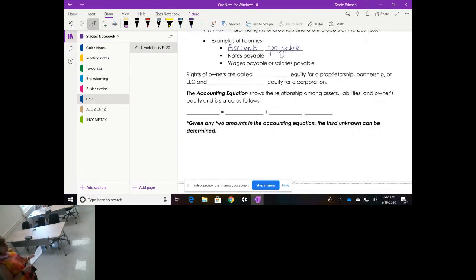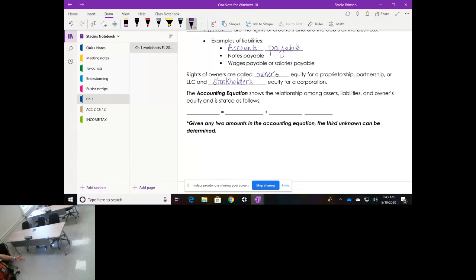All right. Rights of owners, it's owner's equity. And that doesn't really tell you a whole lot about what it is. If you have a corporation, it's going to be called stockholders' equity. But essentially what that means is, what do you have in the business as an owner? If you took all of your assets, like you've got your cash, but then you've got other stuff, and you sell everything off and you pay off all your debts, what you have left over, that's your equity.